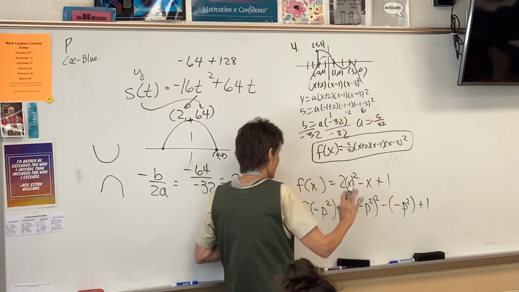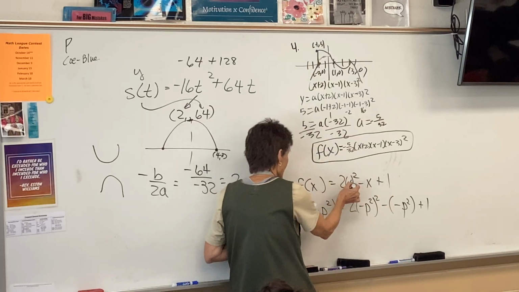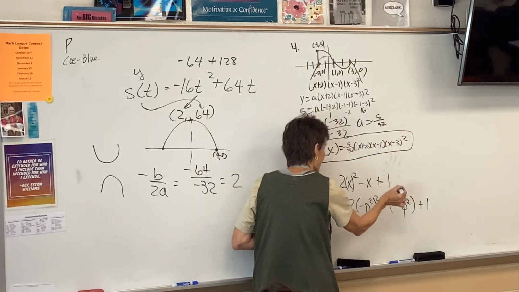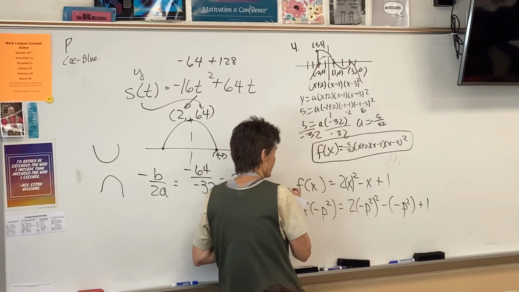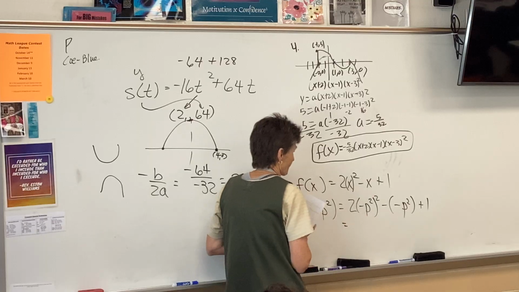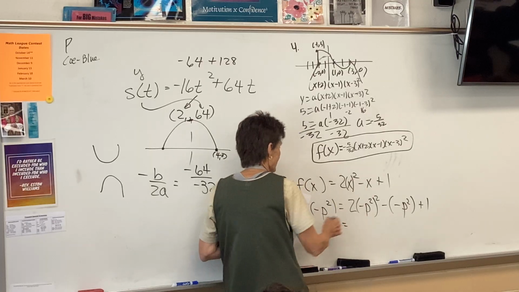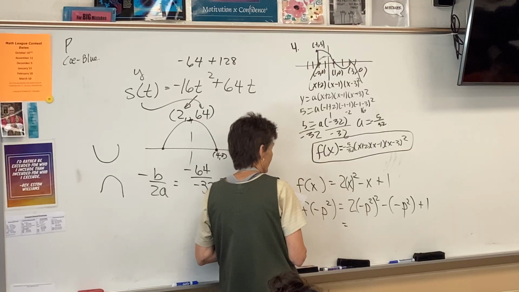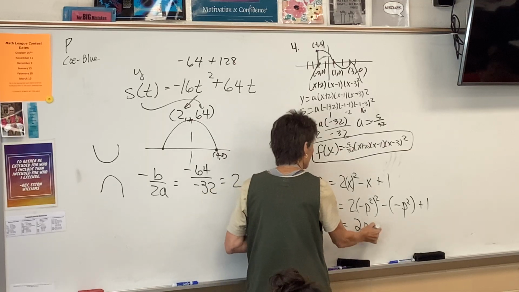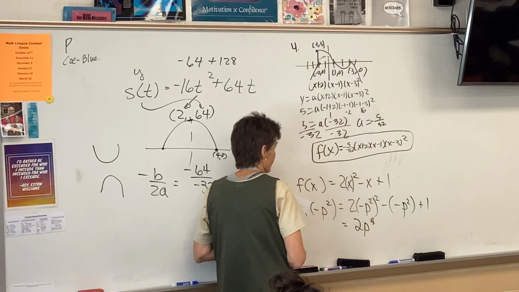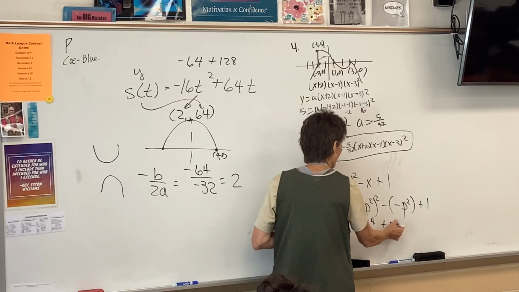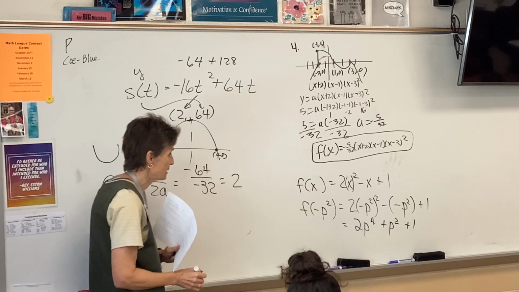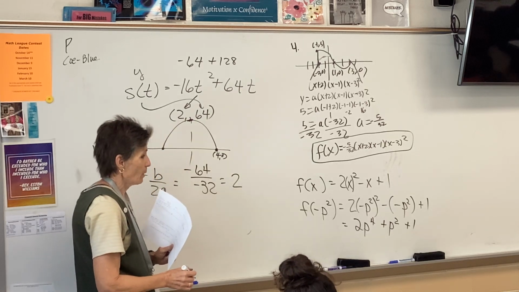No matter what else is in there, x comes out, negative p squared goes in. What's negative p squared squared? P to the fourth. So 2p to the 4th plus p squared plus 1. So that's what you should end up with.